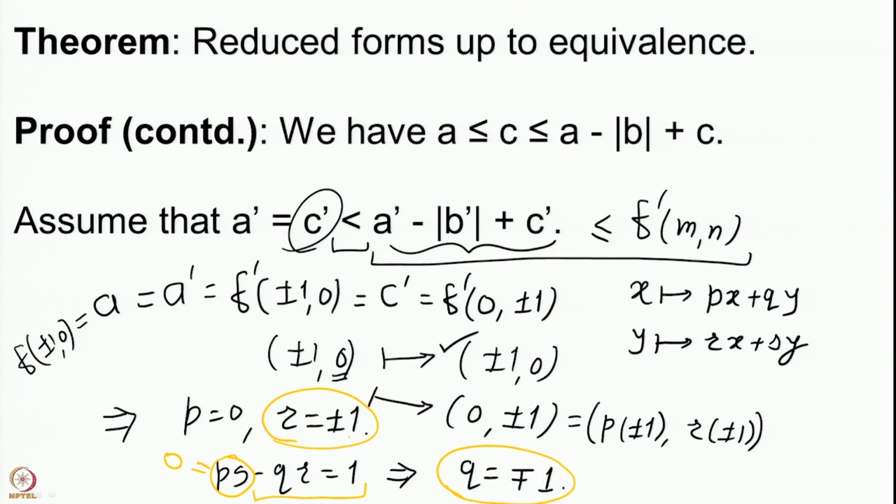If you take r to be minus 1, q has to be plus 1. So, the allowed transformation therefore reads, for p we have 0, for q we have minus or plus 1, for r we have plus or minus 1, and for s we have s. This is the form that we are allowing.